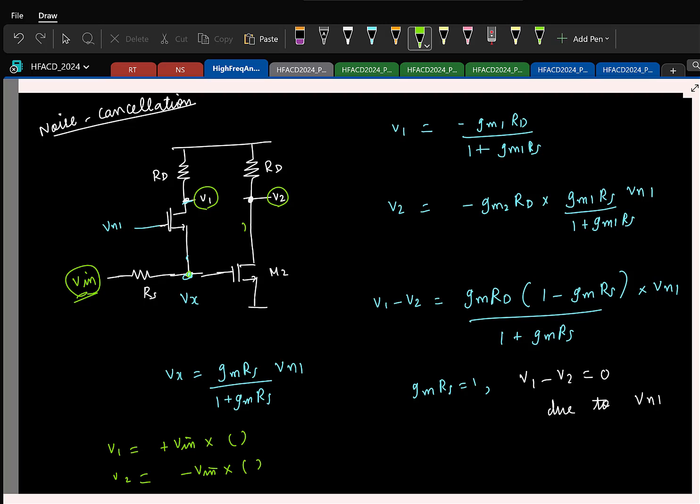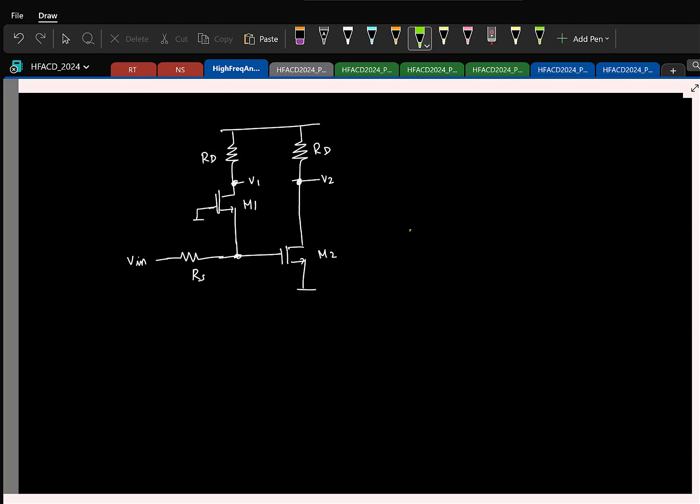And if you actually think about why that's happening, if I look at the input alone, if this is plus, this is going to be plus, this is going to be plus, and this will be minus.